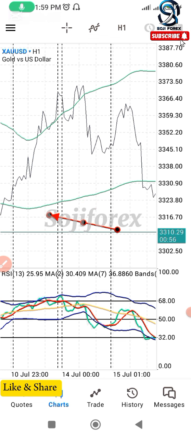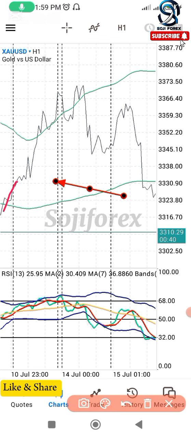Once price is consistent above the middle Bollinger Band, we are in an uptrend. And when price is consistent below the middle Bollinger Band, we are in a downtrend. Please take note of the word consistent. It doesn't mean that price just runs above and then returns, and you conclude that you are in an uptrend. No, it has to be consistent, stable above it.